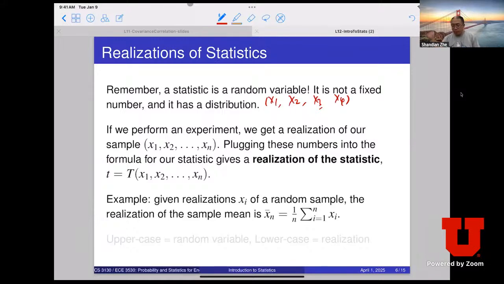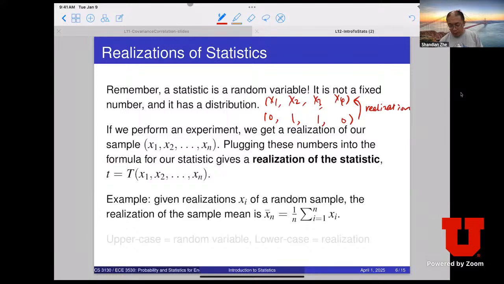Now I perform an experiment, which means I independently throw the coin 4 times, and my observations of those values are 0, 1, 1, 0. This is called a realization of my random sample.